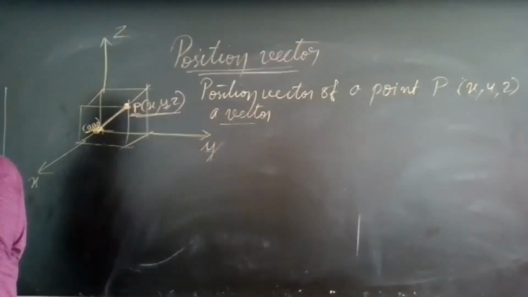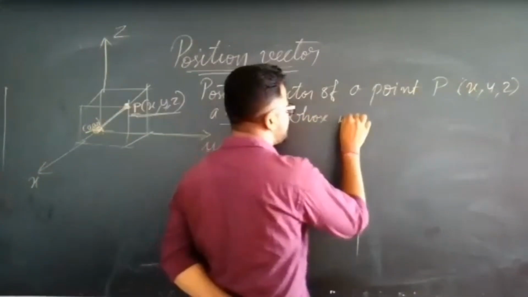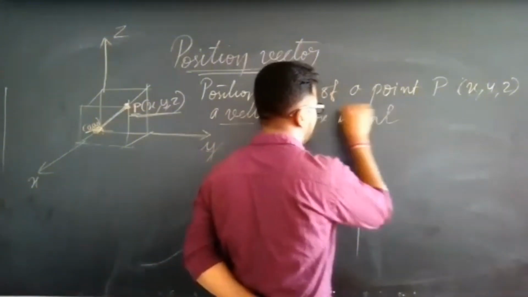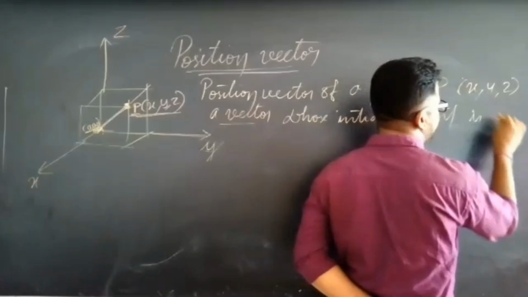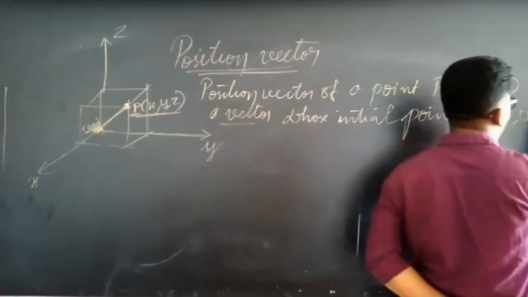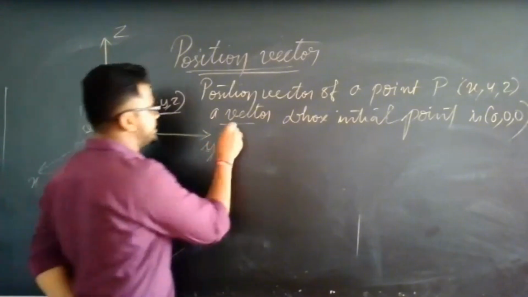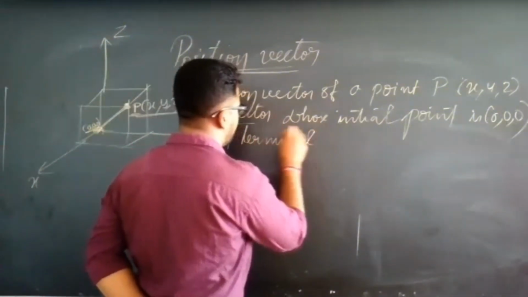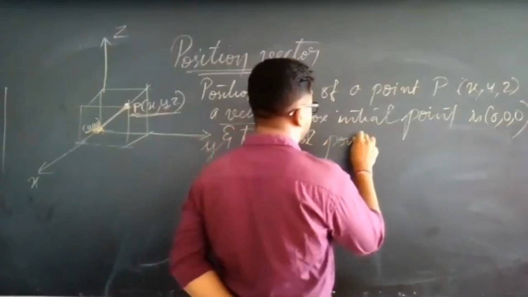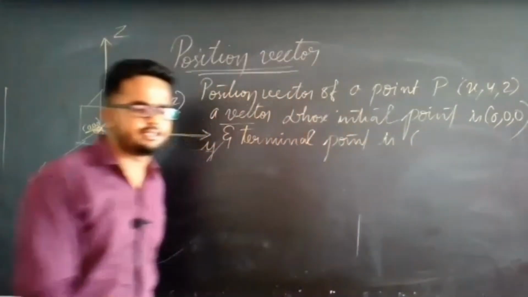It is a vector whose initial point is (0, 0, 0), and terminal point is, what is the terminal point, guys?